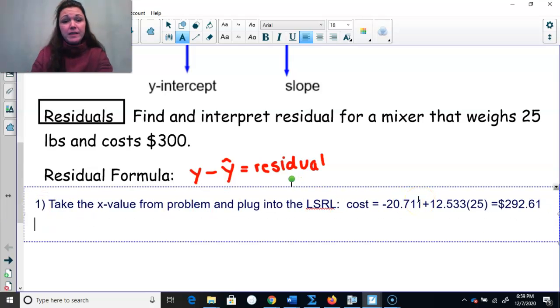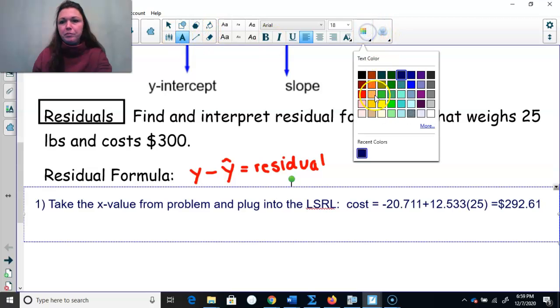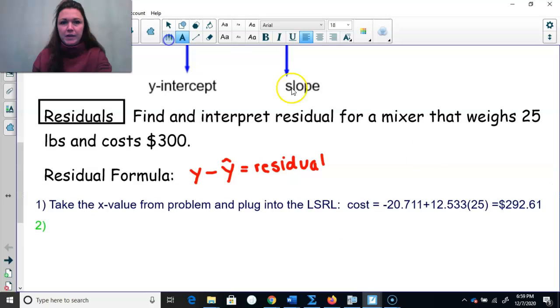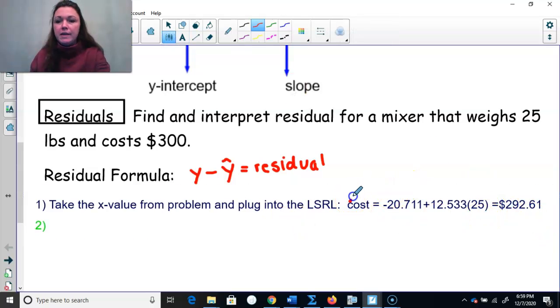All right, let's move on to step two. Get a new color for us. I'm going to go with green. Step two, so really quick before we move on to step two, you need to know that this is the predicted cost. We are predicting based off of our data and our least squares regression line that we came up with.